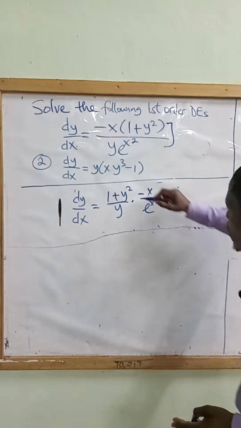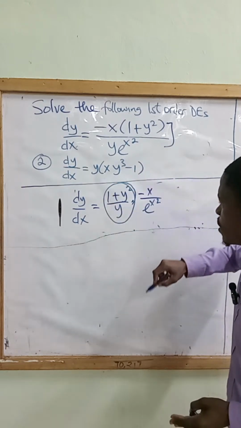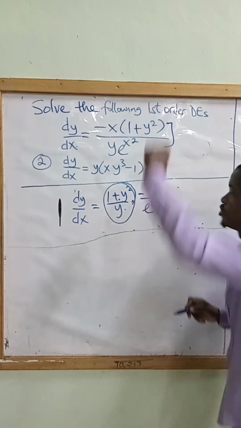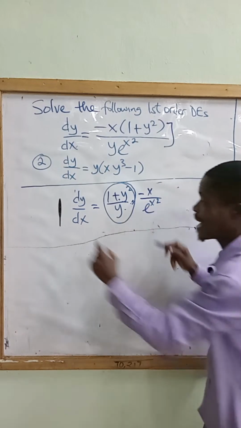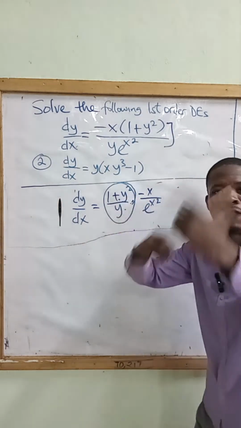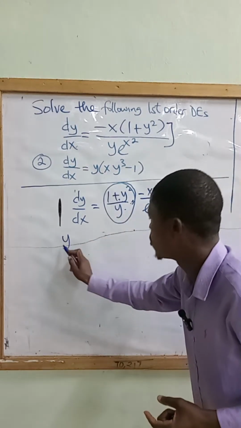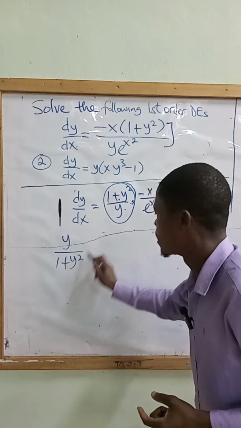Step 2: let the function of y leave this place. Remove the function of y from this place. This is a fraction, so by the time it goes to the other side, it flips upside down. So we have y over 1 plus y squared dy.